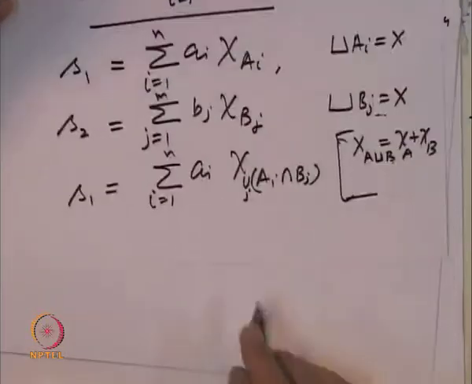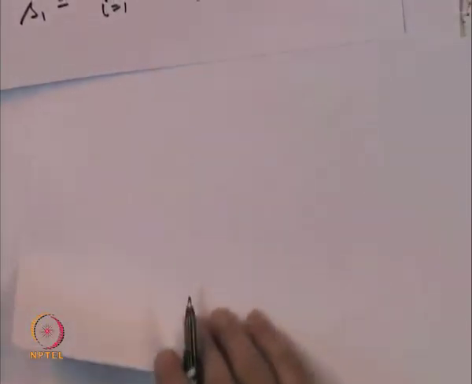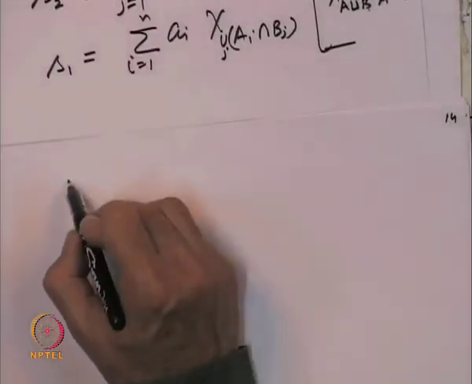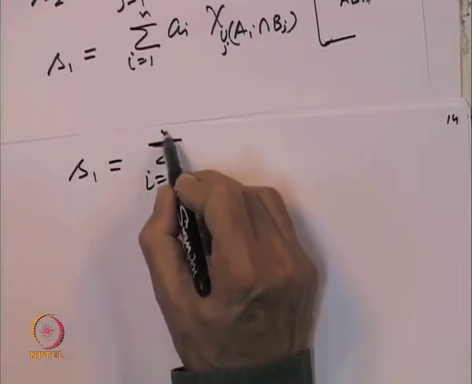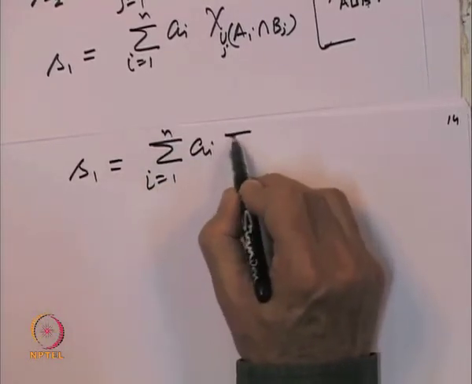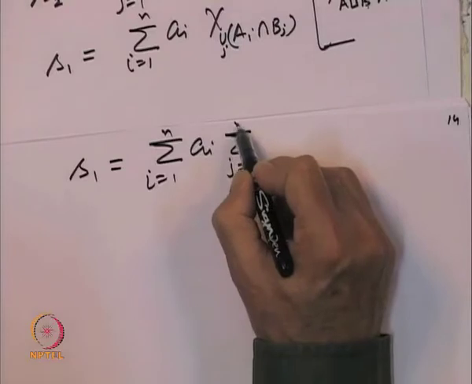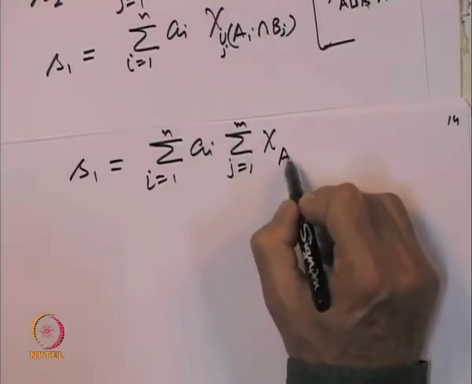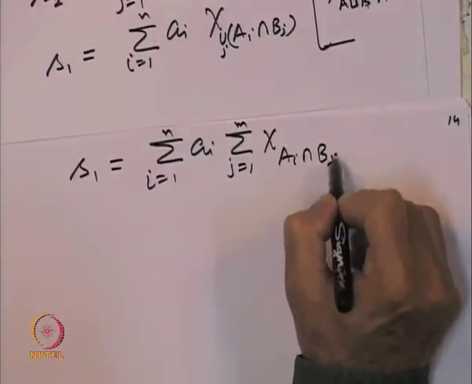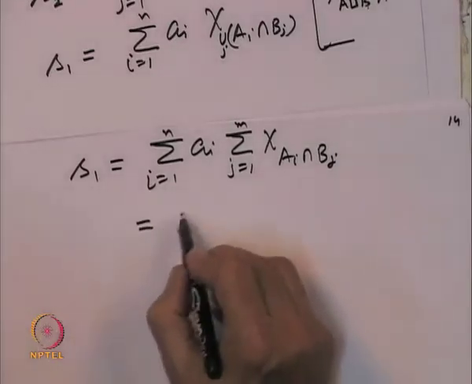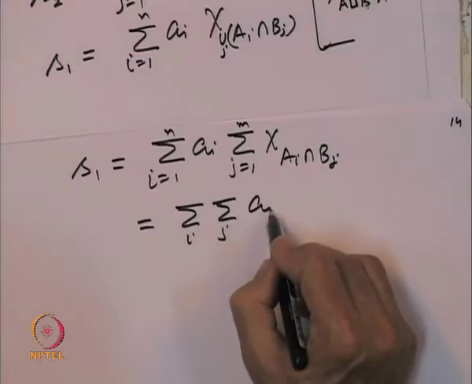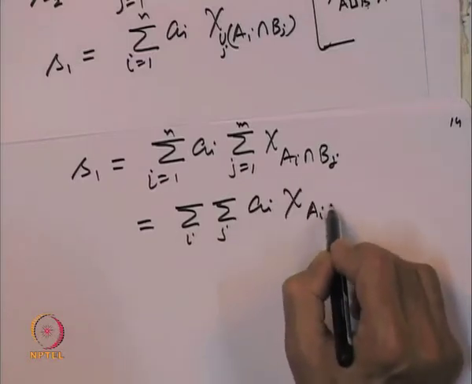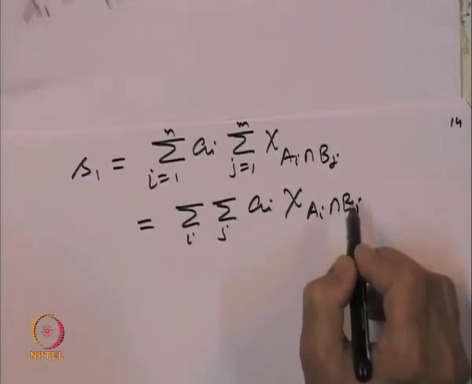So, using that we can write S 1 as summation i equal to 1 to n a_i summation over j equal to 1 to m chi of A_i intersection B_j. So, this is the same as summation over i, summation over j of a_i chi of A_i intersection B_j.